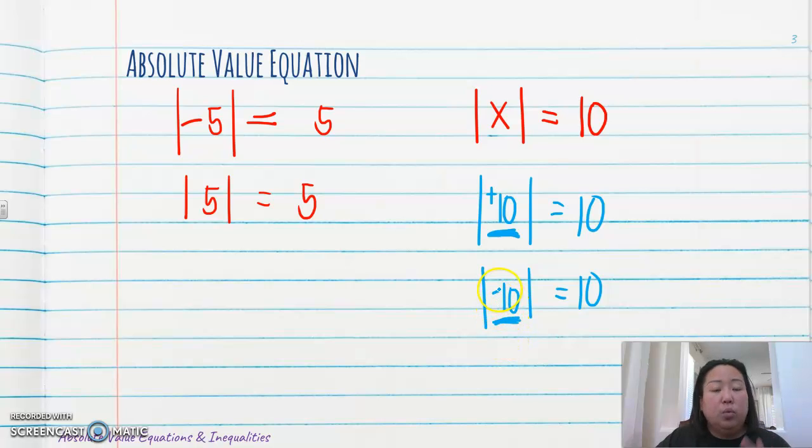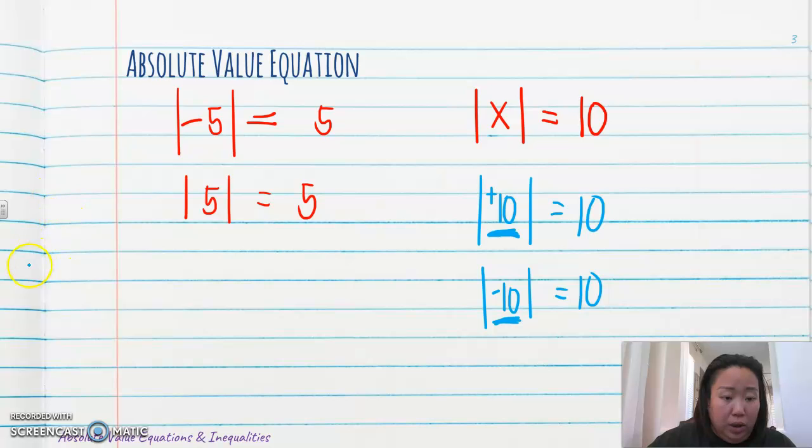One technique I can give you is that solving an absolute value equation is the same as solving a regular equation, except that when we solve a regular equation, we want to isolate x, correct? In this case, what we will isolate is the whole absolute value.